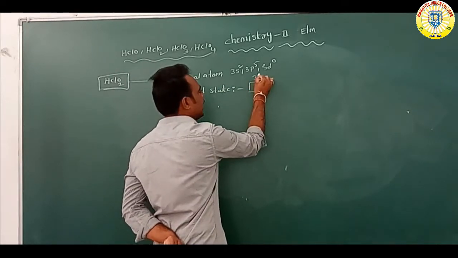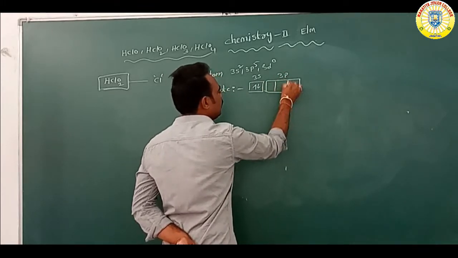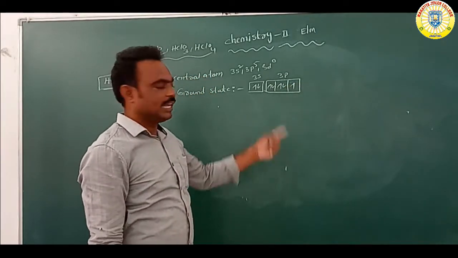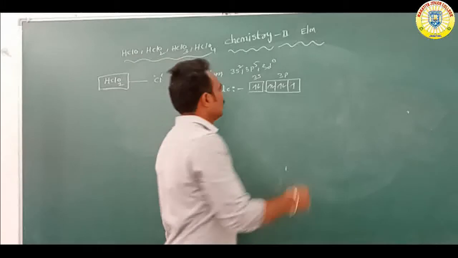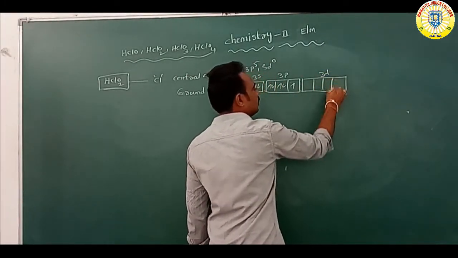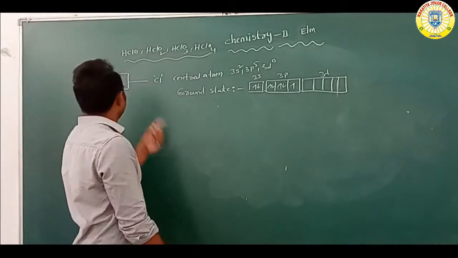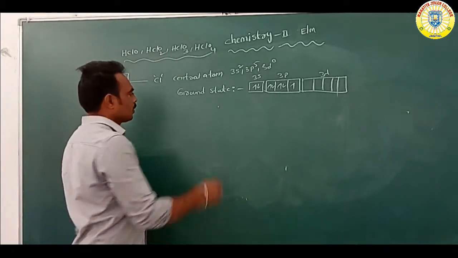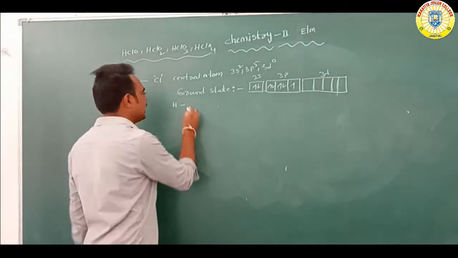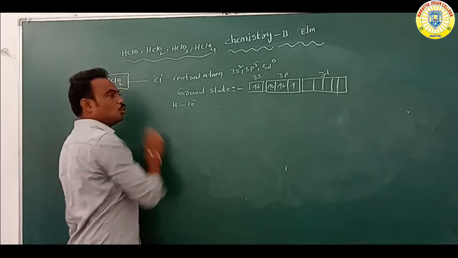The 3s orbital contains 2 electrons, the 3p orbital 5 electrons, which contain 1 single electron, and the 3d orbital is 0. Overall, in HClO2 there is 1 hydrogen, which contains 1 single electron, and 2 oxygen atoms.